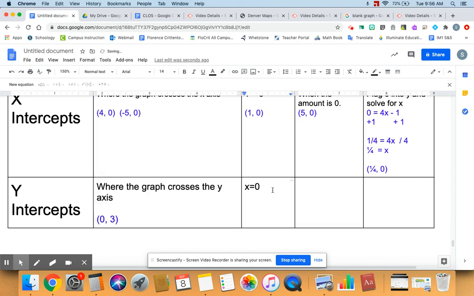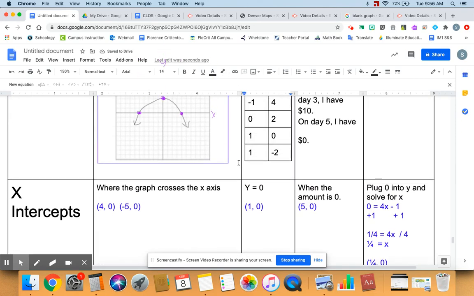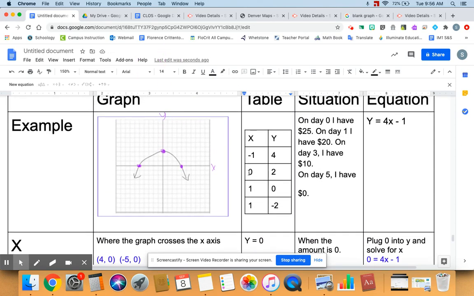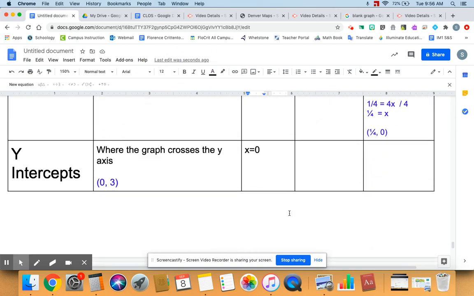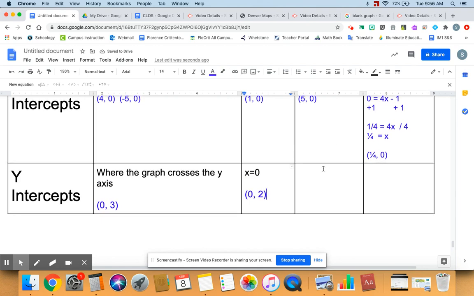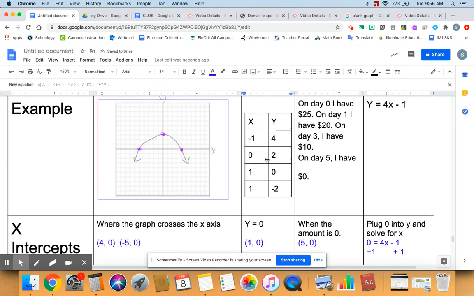I'm only going to go up and down. So if I go to my table and I find where x is 0, oh, that's right here. So my y-intercept is going to be (0, 2). That's for this table.